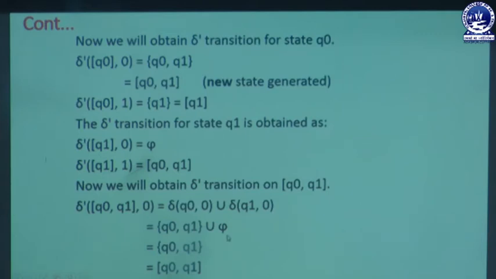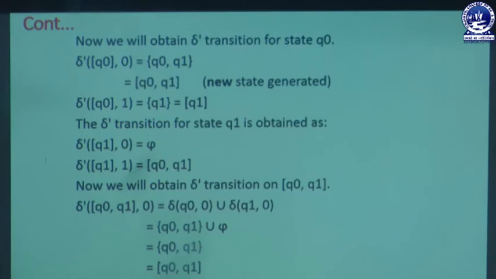Phi is an empty state, because Q1 taking 0 never creates any type of state. That's why it is written in the form of phi. And any set combined with, or we can say union with, phi or the empty state is always denoted as the same set, like Q0 and Q1. So this is the general way we can design this transition state part.